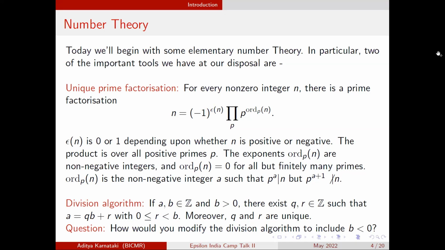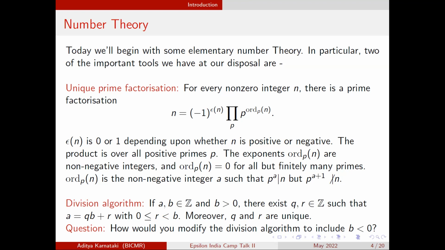Sir, it's not a question, it's more like an answer to this question you just posed about b lesser than 0. Because if you have a is negative and then you have q is positive, then you will have to have b is negative. So that will work. Yeah.